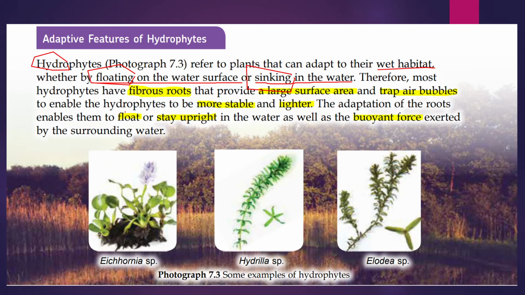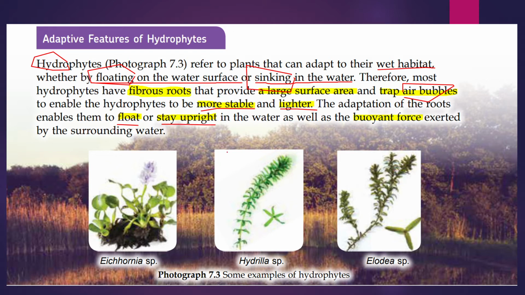Therefore, these hydrophytes appear to be more stable and lighter because of the presence of the air bubbles yang berjaya diperangkap oleh fibrous roots. So the adaptations of the roots enable them to float. Very essential ini sebab mereka adalah jenis yang kalau yang jenis terapung lah, okay, able to float, and not only that, they are able to stay upright, tegak.